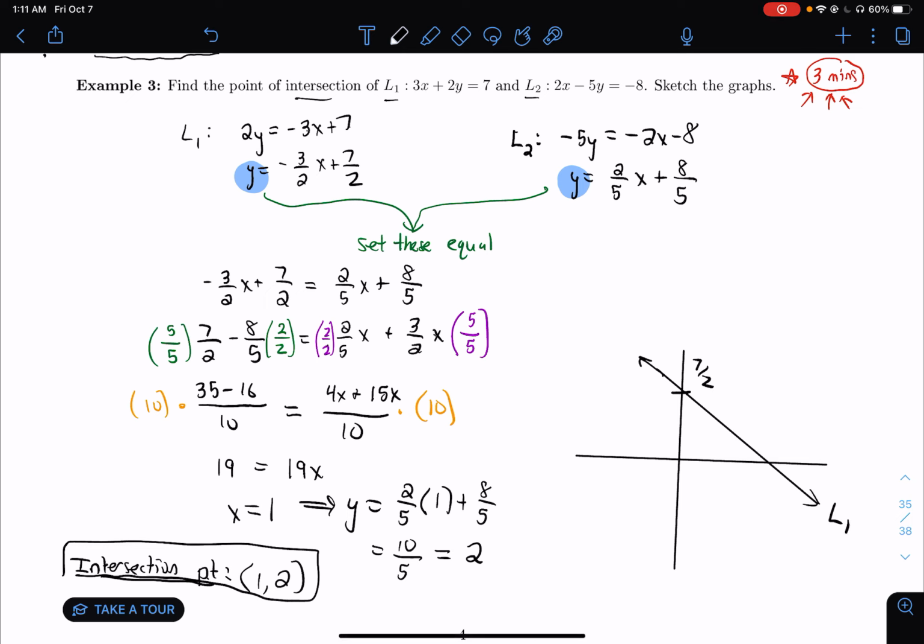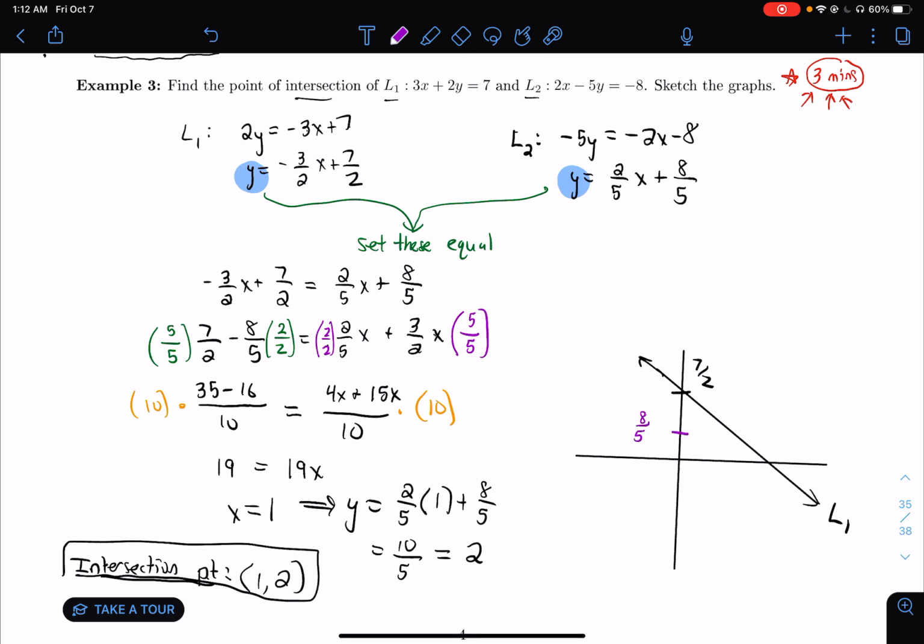And then L2, my other line, has a positive y-intercept as well, 8 over 5. But 8 over 5 is a smaller number than 7 halves, so it's lower on the y-axis.